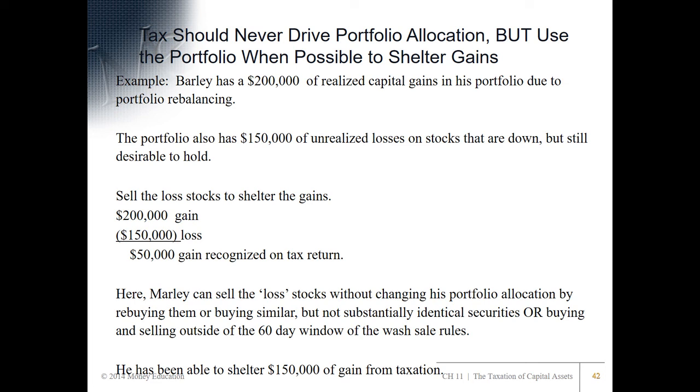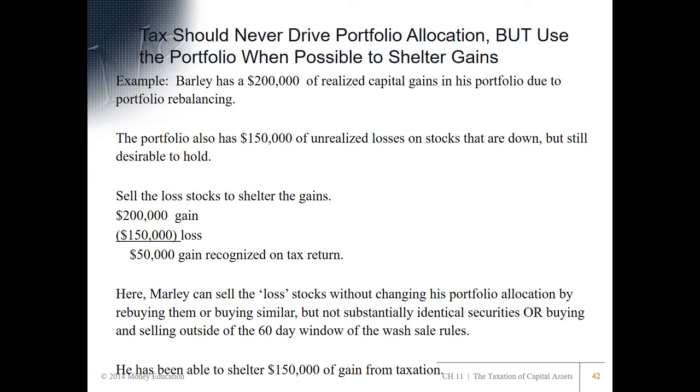So you should consider selling the loss stocks to shelter the gain. So in this example, we have $200,000 of gain. If we sell those loss stocks, we have $150,000 of loss. And that has lowered the amount of gain that we have to recognize on the tax return down to $50,000.